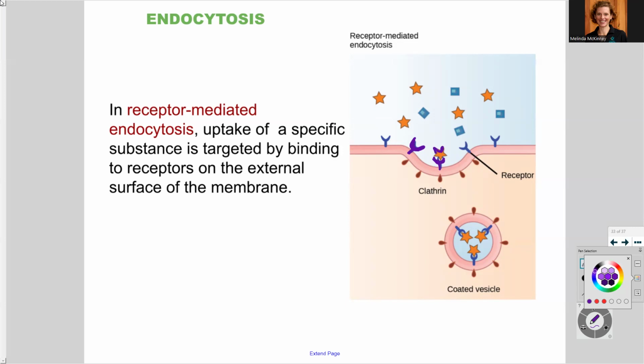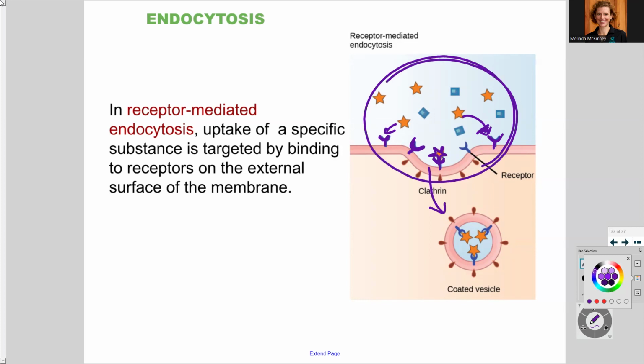And that signal, when something binds to it, is going to initiate the endocytosis. So there might just be these receptors, these proteins that are on the outside of the cell. They're just sitting there waiting. And if all of a sudden they start receiving signals, then that's going to tell the cell, hey, let's surround all of this and bring it into the cell.